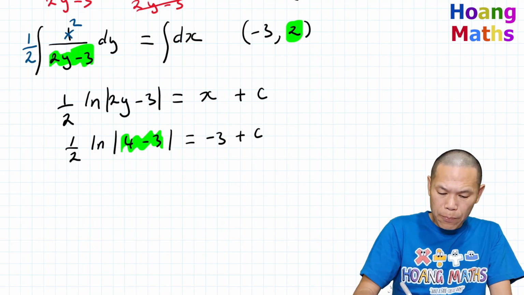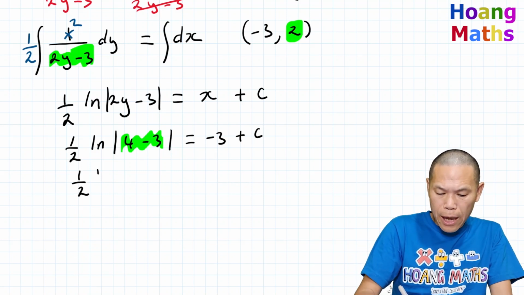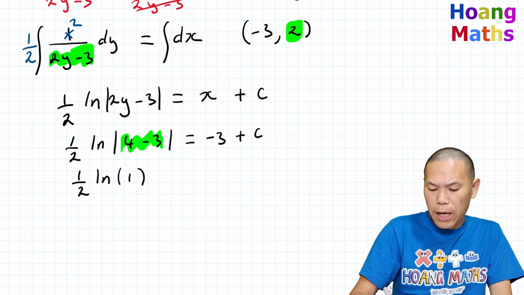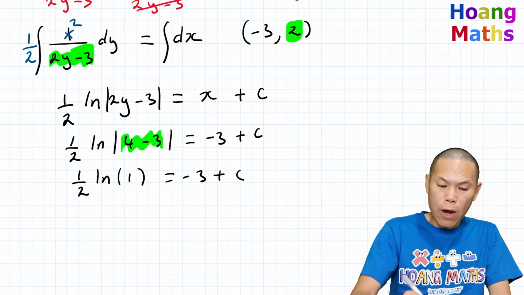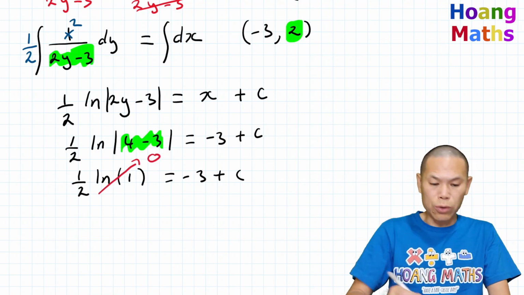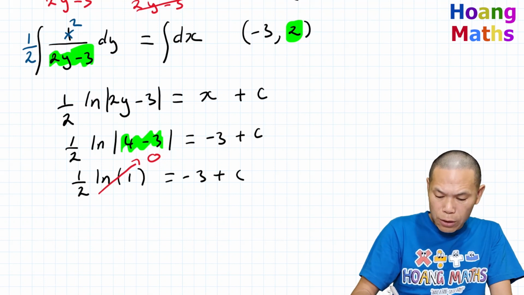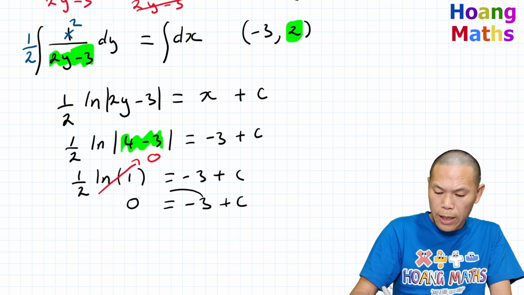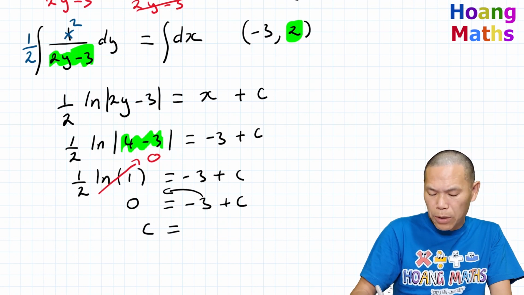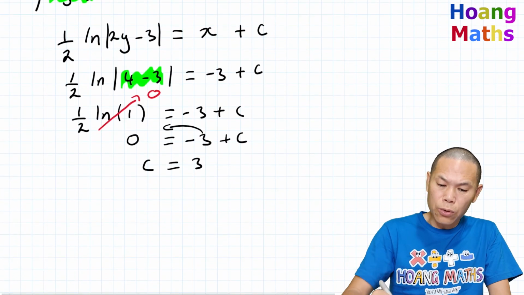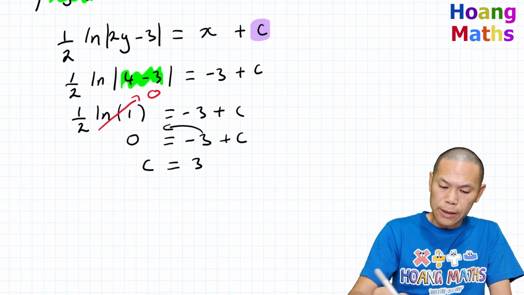That becomes a half ln of the absolute value of 1, which gives me 1 anyway, minus 3 plus c. Ln 1 gives me 0, so the whole thing becomes 0. This means 0 is negative 3 plus c. We move that to the other side, c gives me 3.